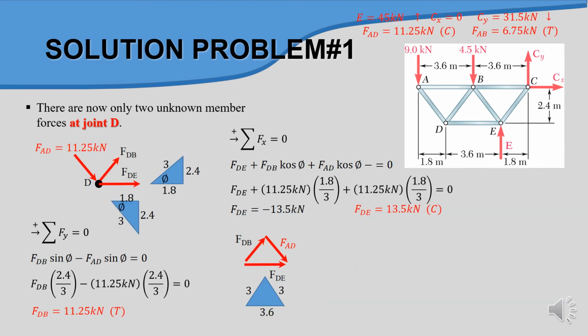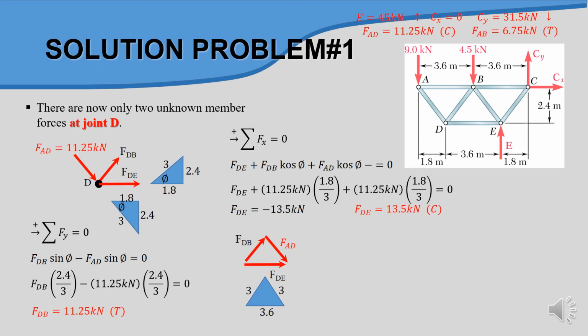Then we proceed to the next joint, which is joint D. At joint D we have FAD, which we just calculated as 11.25 kilonewton, and we have two unknown forces, which are FDB at a certain angle and FDE to the right.